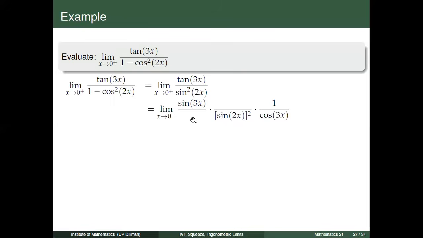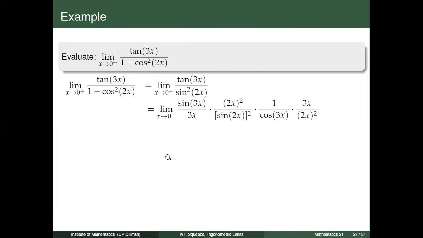Now we need a 3x in the denominator here, so we multiply also by 3x here. Since there are two copies of sine 2x here, we need two copies as well of 2x in the numerator. So we divide by 2x quantity squared as well.